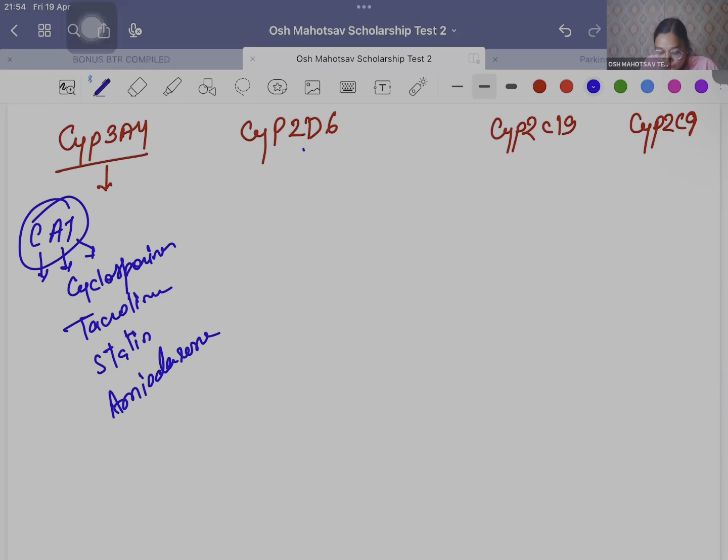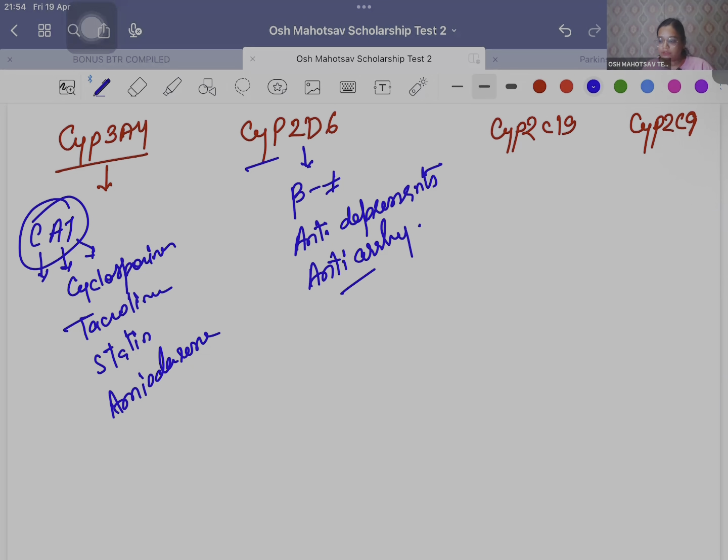Cytochrome 2D6 metabolizes beta blockers and antidepressants and all the antiarrhythmic drugs except amiodarone.